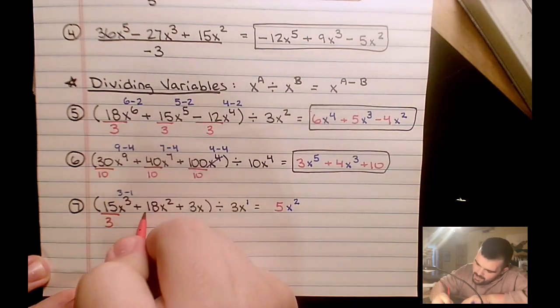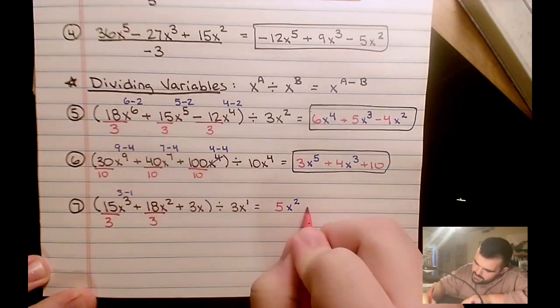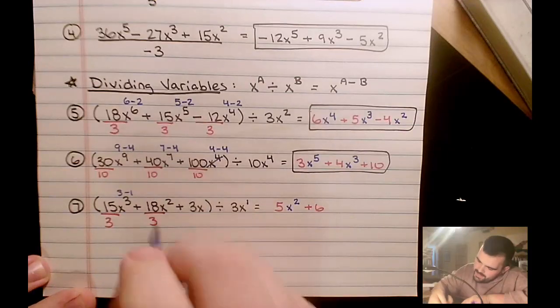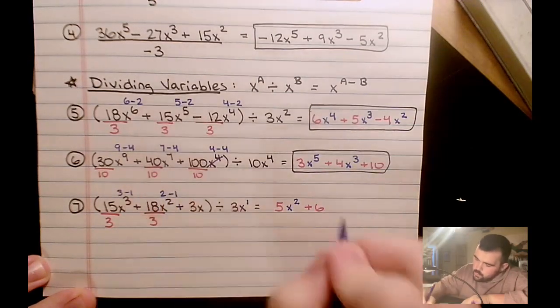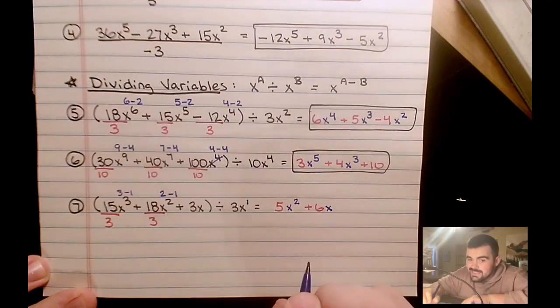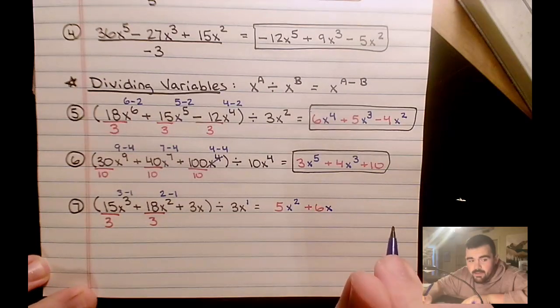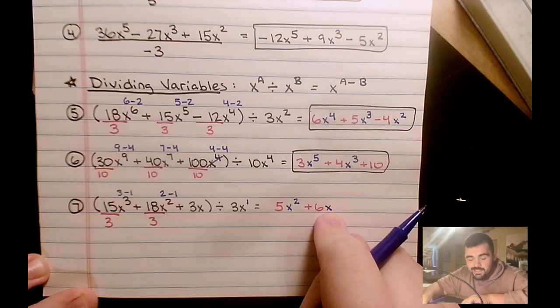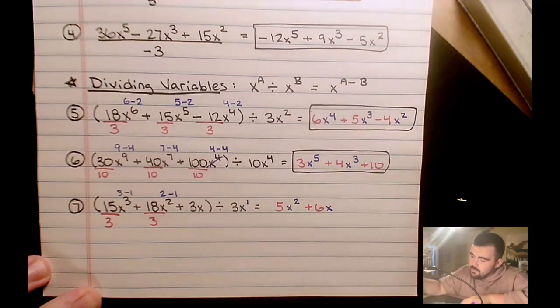Then 18 divided by 3 is 6. x squared divided by x to the first, 2 minus 1 is 1. I'm just going to say plus 6x, not plus 6x to the first power. If you put that one exponent, you are not wrong. That is still correct. It's just on a multiple choice, you're not going to see it. I'm not going to write it.